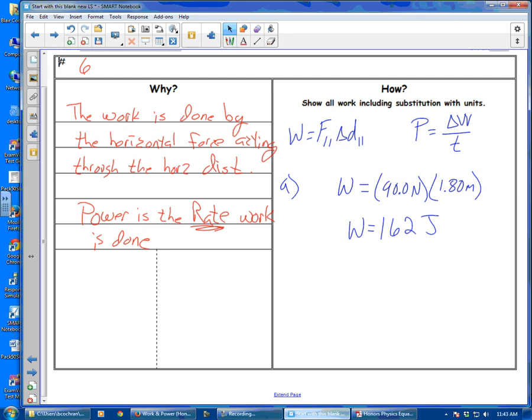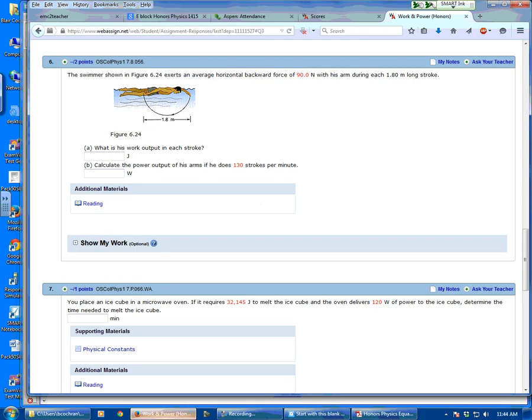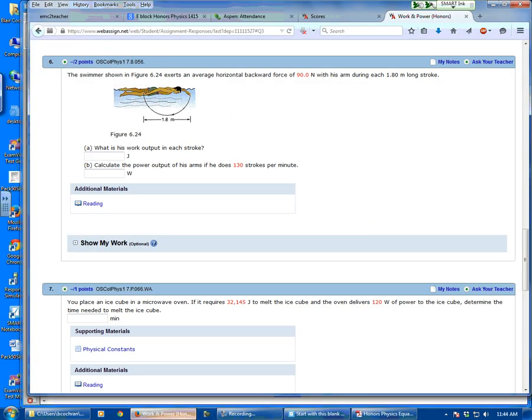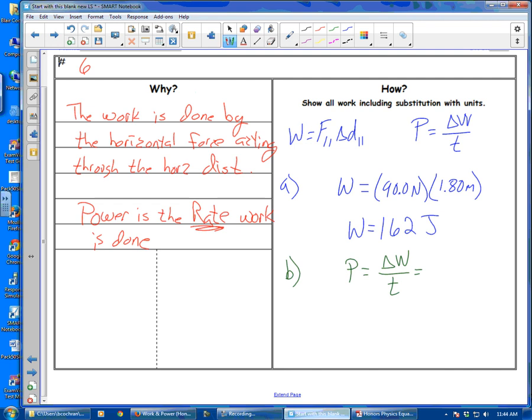And then moving on to B, the power is the amount of work per time. And they're asking me to make sure that I do that in units of watts. So I know a watt is a joule per second. And if he does 130 strokes in a minute, then the amount of work that my swimmer does is 130 strokes.